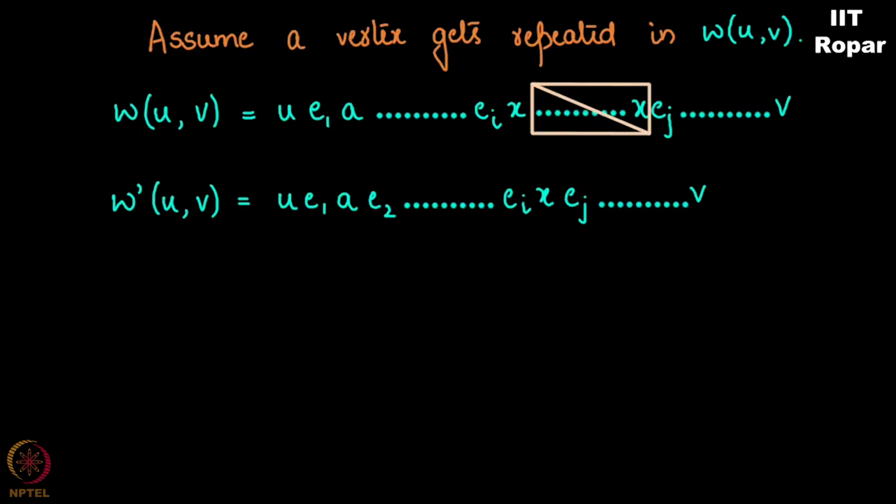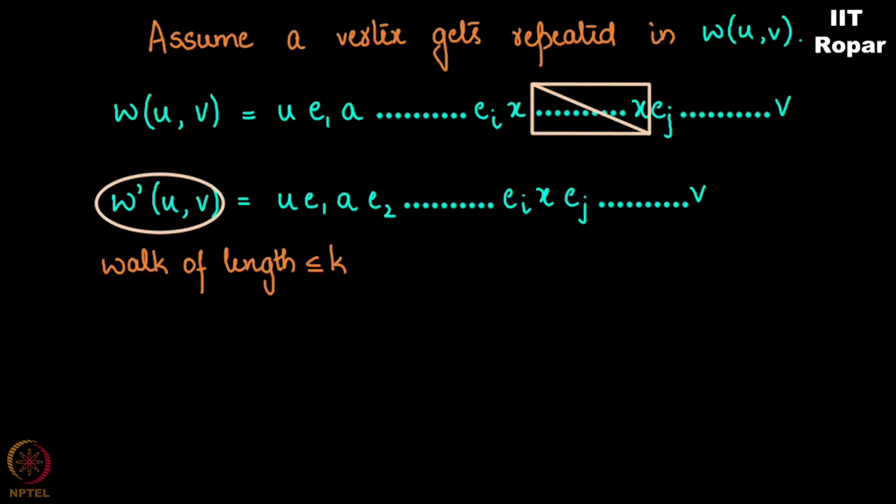And we have reached Ej here. What do we see? We see that this is a walk of length less than or equal to K. Because I have removed at least one edge, it is a walk of length less than or equal to K. Take a moment to observe the transition from the previous step to this step.